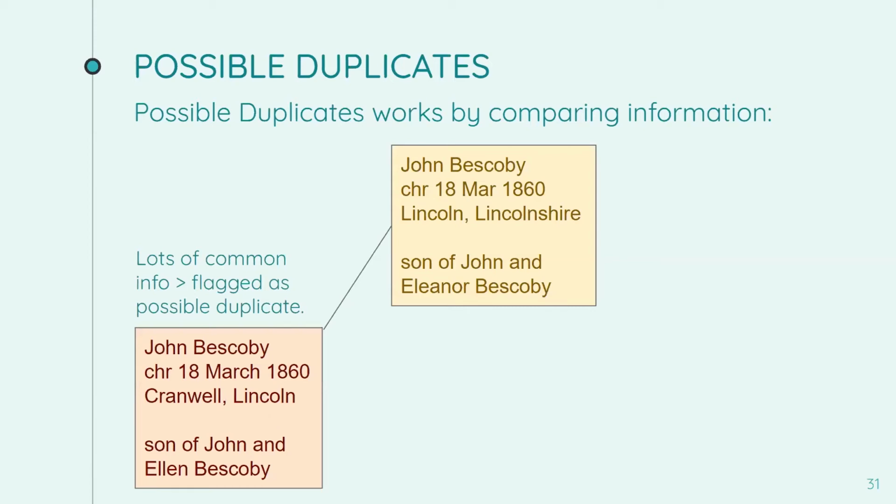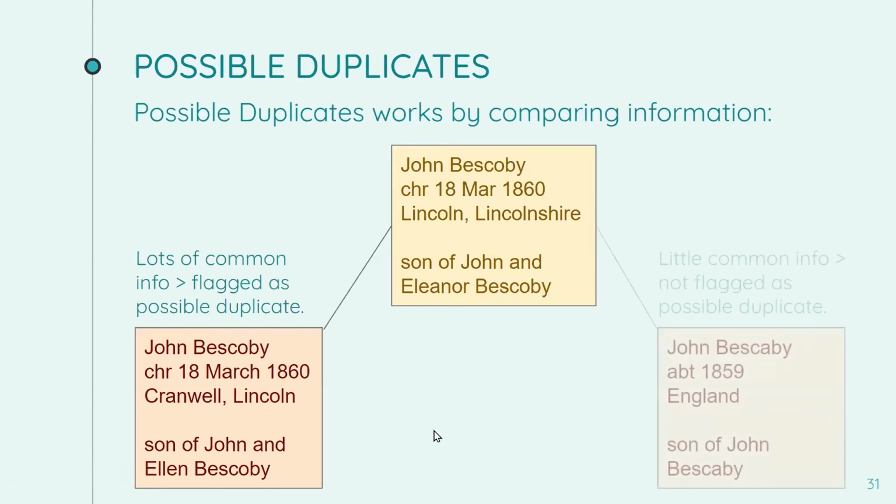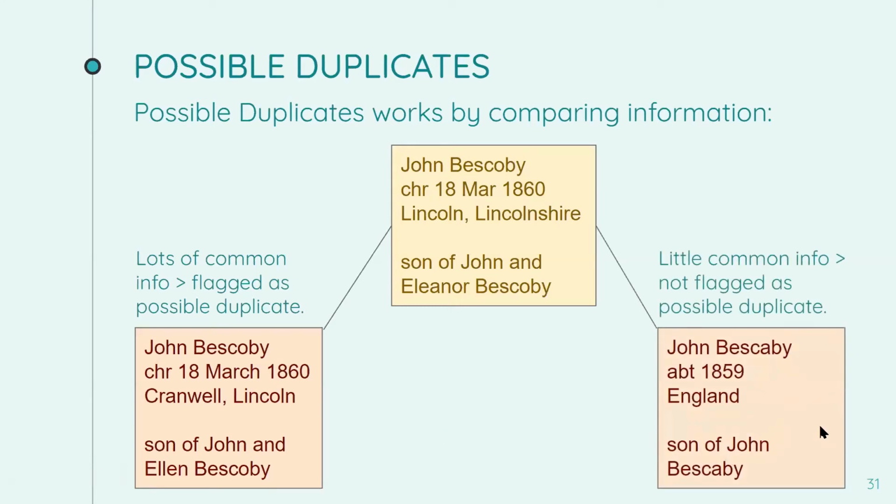A contrary example is that if there is not a lot of information in common, FamilySearch will not flag them as duplicates, even if they truly are. So a human being would have to do a little bit of research here and figure out whether this guy was really the same as this guy and needed to be merged.